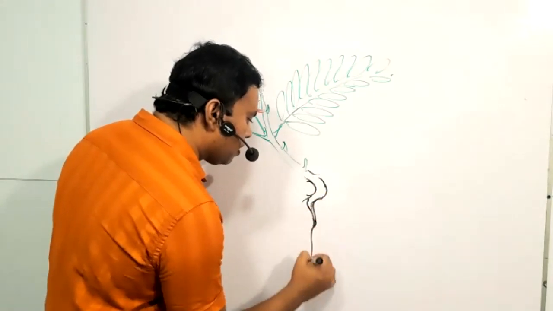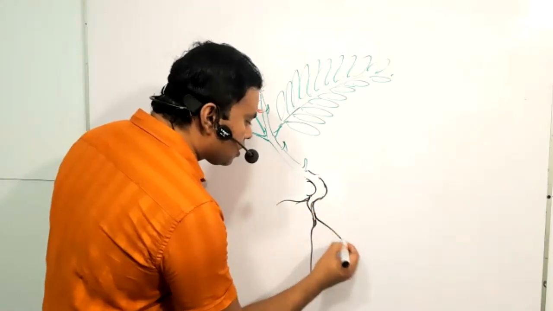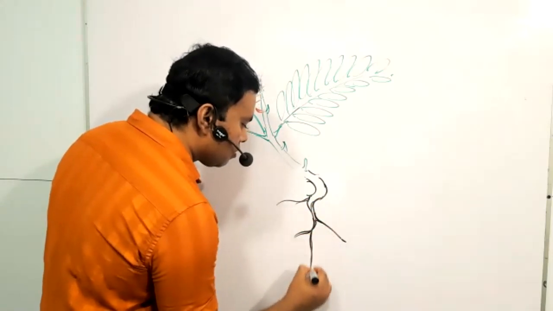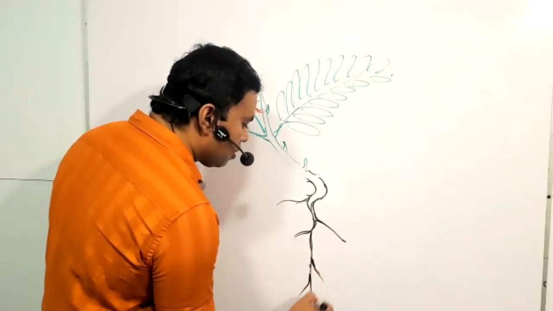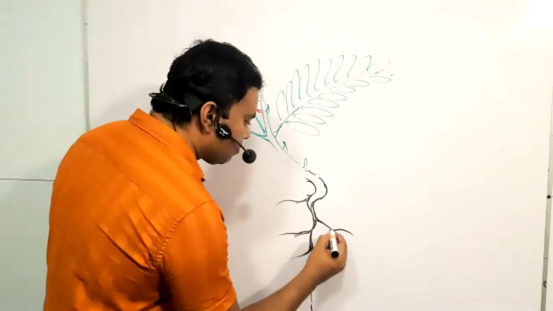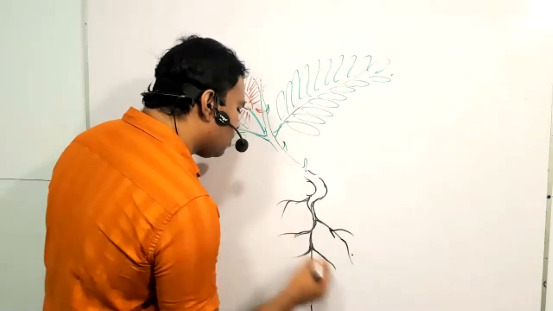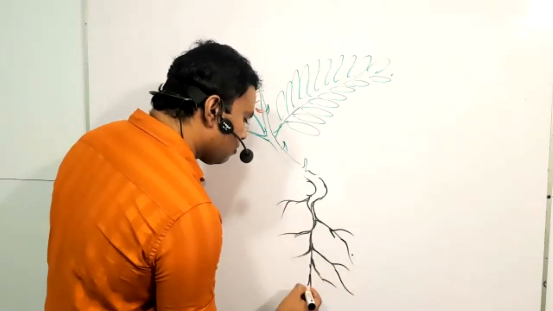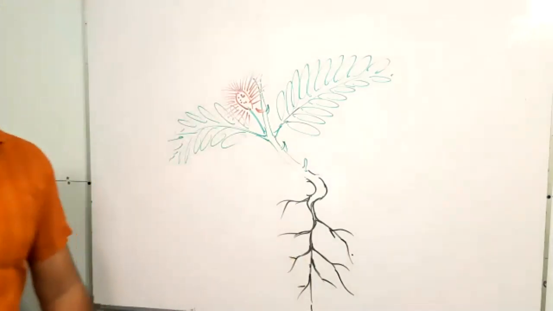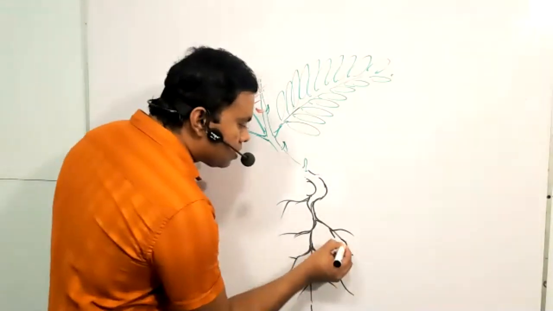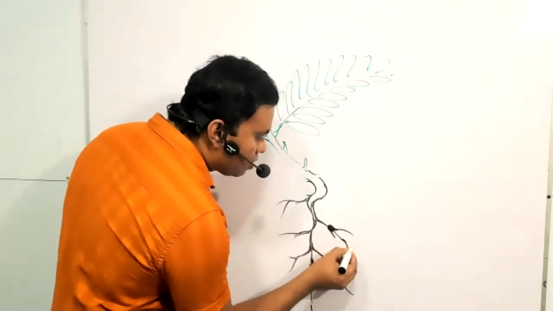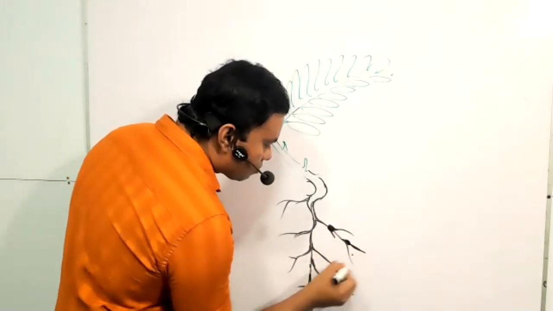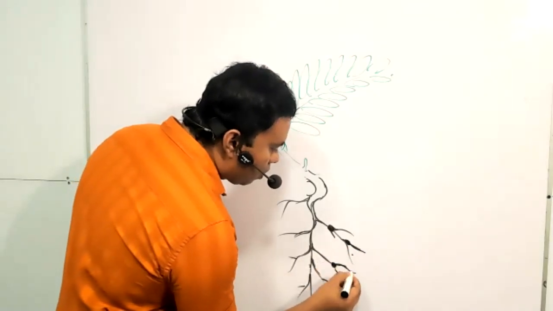So first tell me what type of main root system that has. What's the type of root here? Taproot. Very good. That's a taproot. So what's the specialty of this taproot? It is having root nodules. The root nodes may swell. So they are swollen and you can see swollen root nodes.